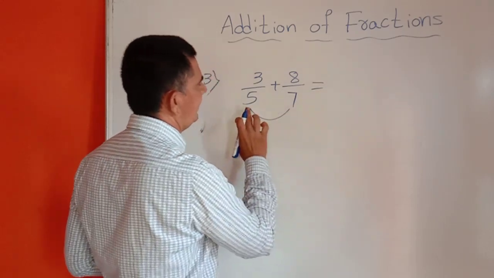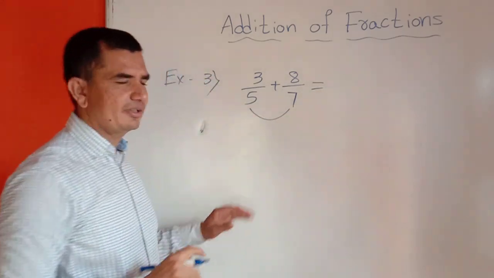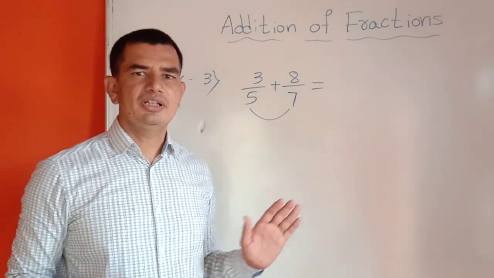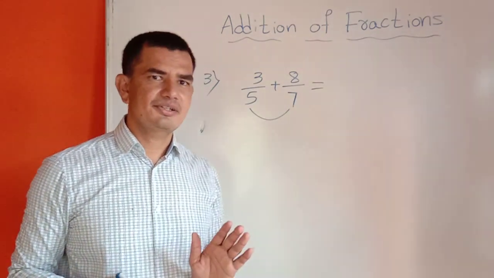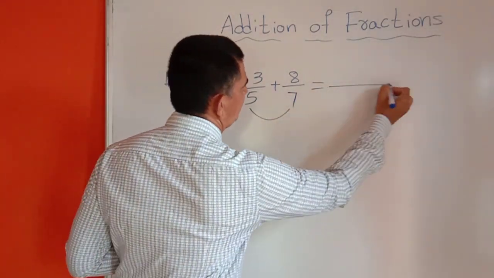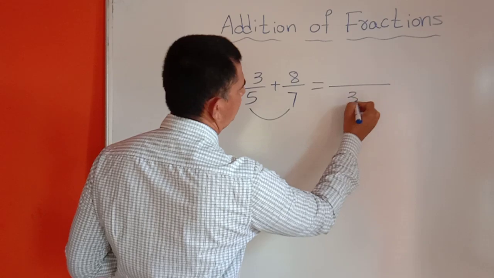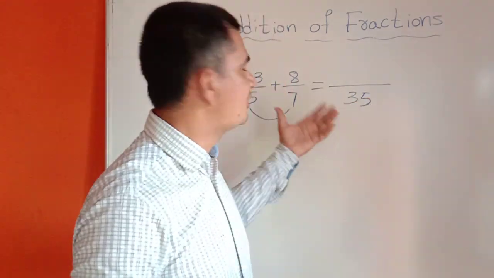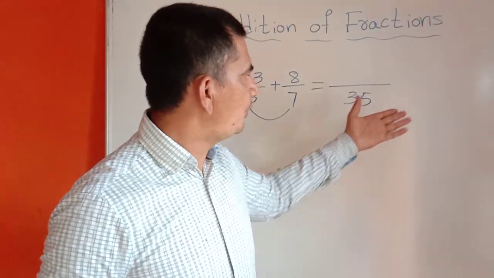So here one more thing, remember this, 5 and 7 are there in the denominators. If both numbers are prime numbers, you can write the LCM directly. Means you can multiply these numbers, 5 7s are 35. Only if the numbers are prime numbers, then you can do this method.